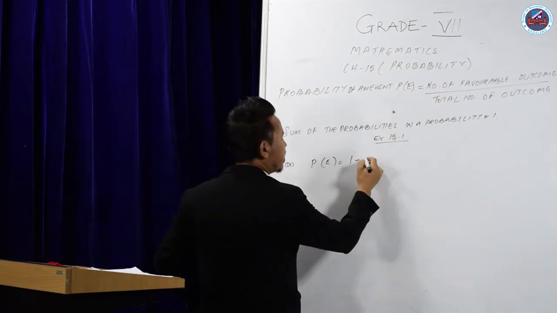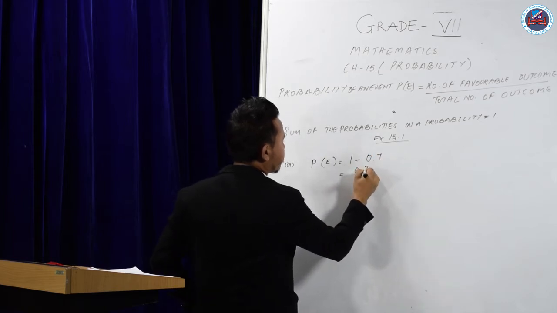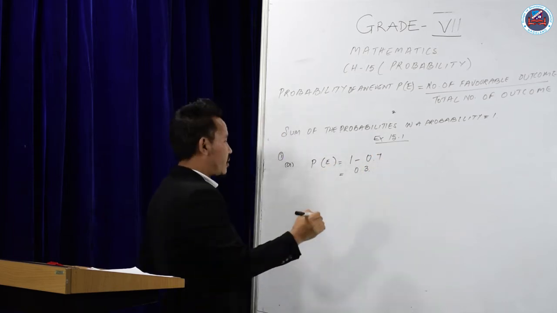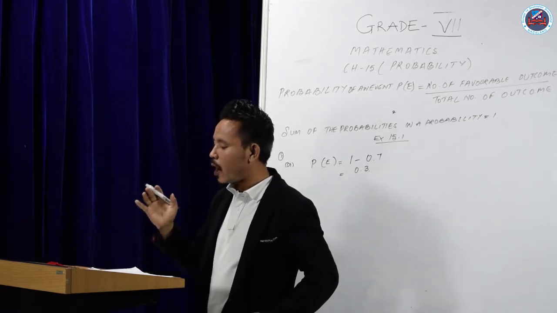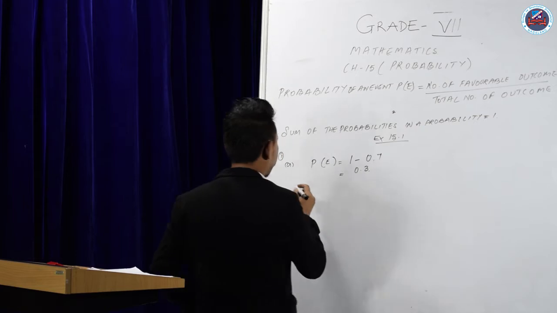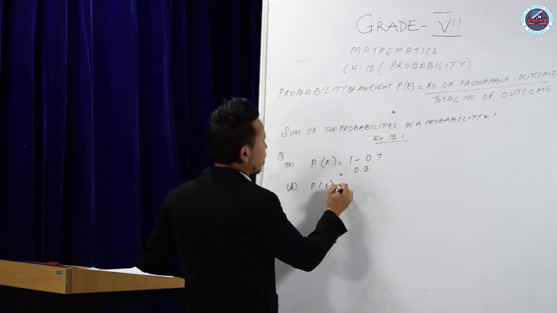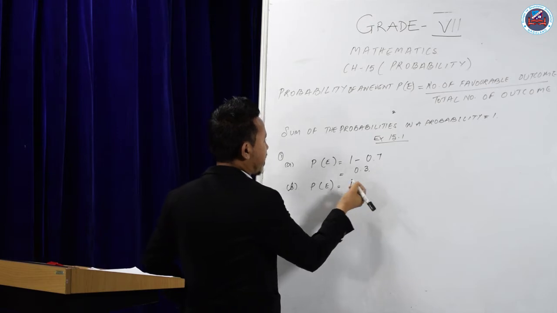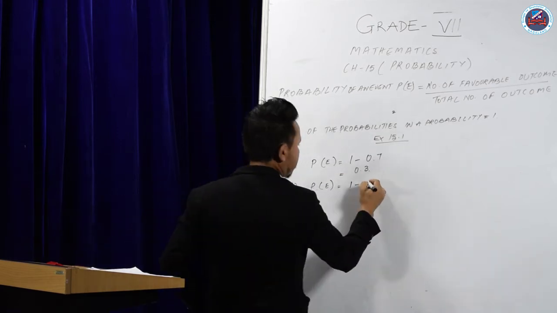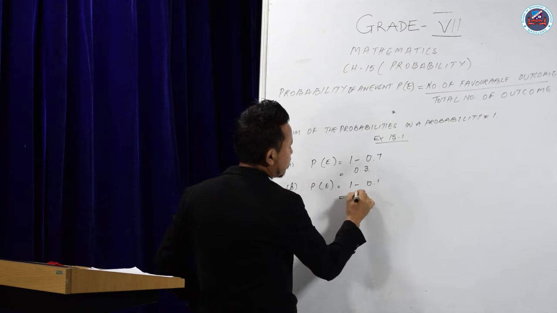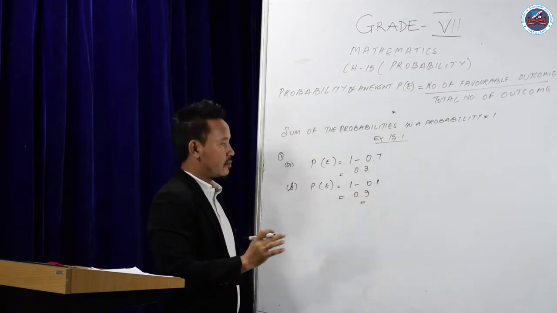So 1 minus 0.7 gives us 0.3. Now the next one, number B: what is the probability that it will not be warmer today? In the same way, the probability that it will not be warmer today will be 1 minus 0.1, which gives us 0.9.